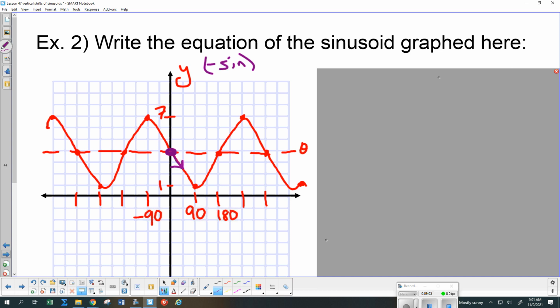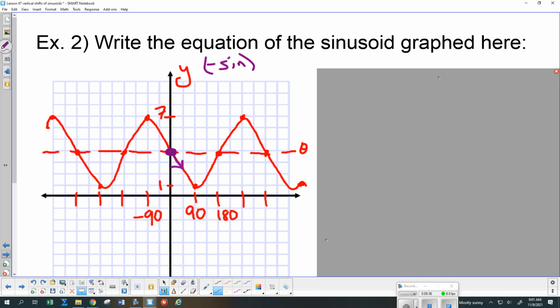We know the max is 7 and the min is 1. But I think we need the center line and the amplitude, right? How am I going to get that? If it goes from 1 to 7, how am I going to figure out what the amplitude is, and how am I going to figure out what the center would be, Kane? And what does that tell me? If I take 7 minus 1 is 6 and divide that by 2, I get 3.